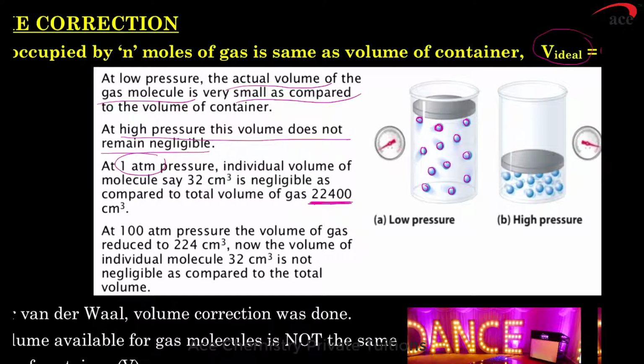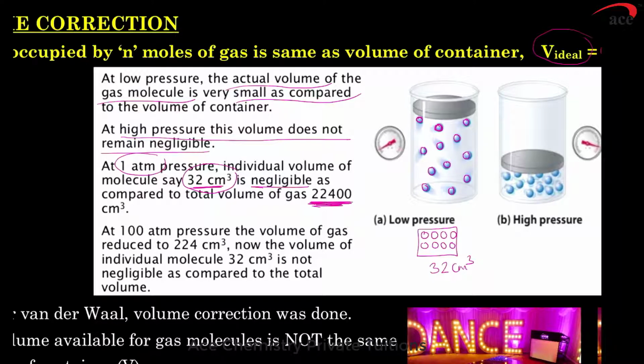If all the molecules are brought closer together and you find their volume, then that volume is 32 cm³. Compared to 22,400, this value is definitely negligible.